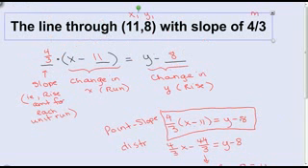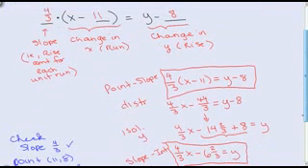Second problem started with this point-slope form. I distributed the 4/3 into both. Now some people get a little panicky when they're starting to multiply a fraction by a whole number. Use your calculator. You can write it as a mixed number if you'd like, because this is going to be a value on the y-axis. So you can convert this, and then I need to add my 8 to both sides in order to get that y value alone.